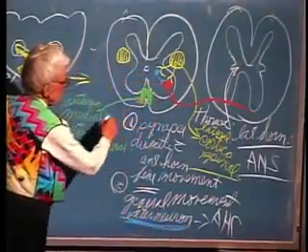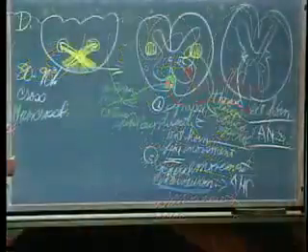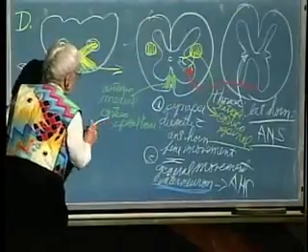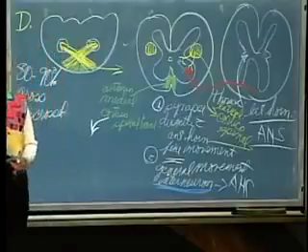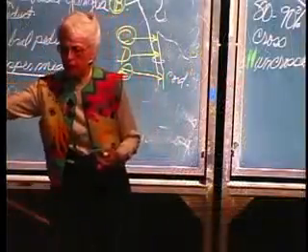Now you say, well, what about this other 10 to 20% that hasn't crossed yet, that's down here in our anterior cortical spinal tract? Well, those fibers will cross at the segment in the cord where they're going to leave the cord.